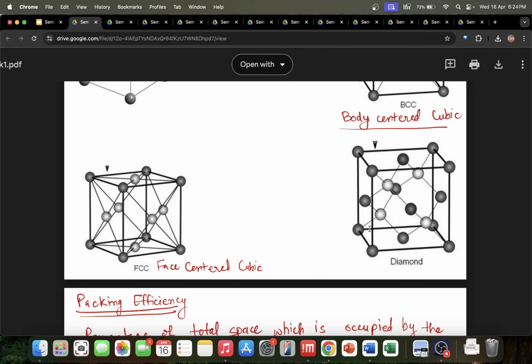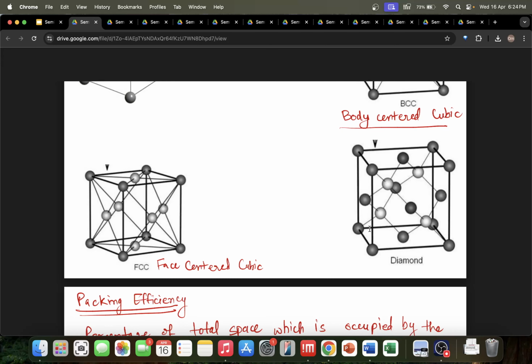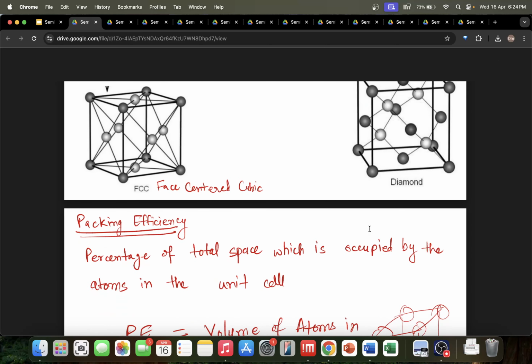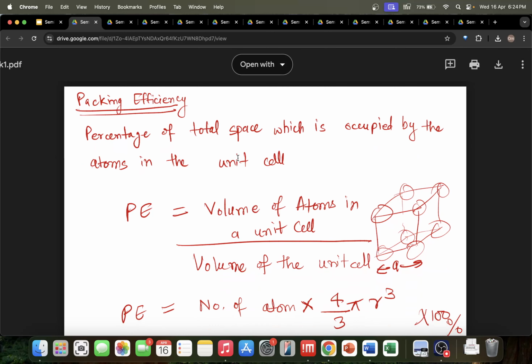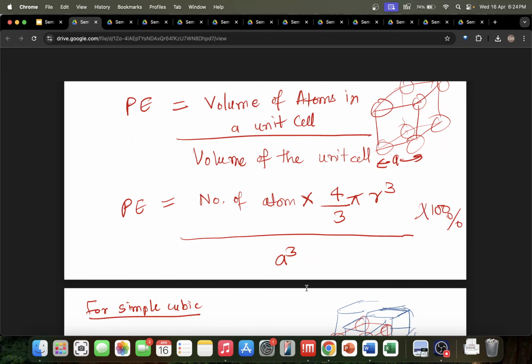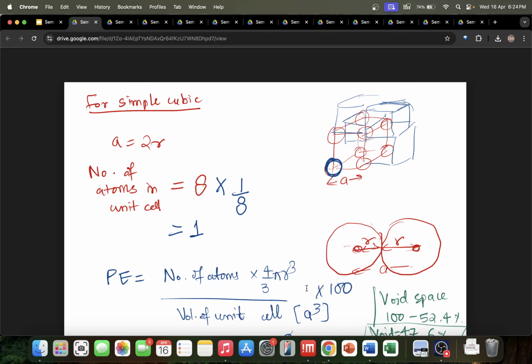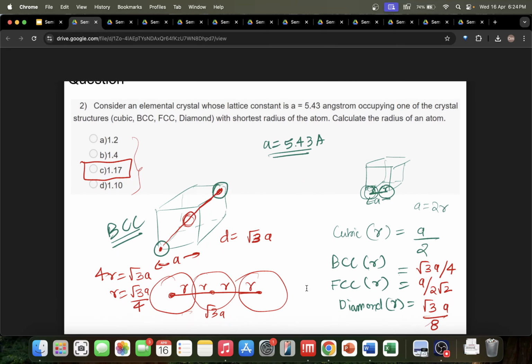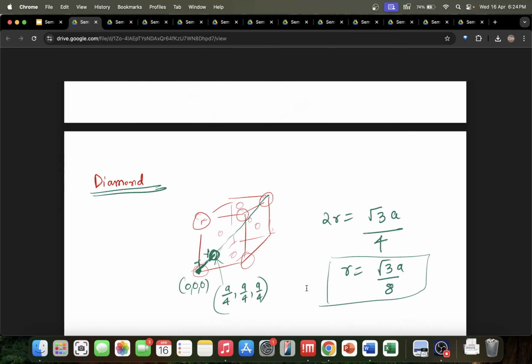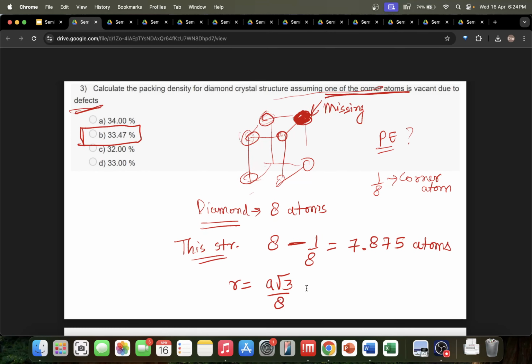Diamond is the one which is used for silicon, and we discussed the packing efficiency, which is the volume occupied by the atoms in the unit cell divided by the volume of the total unit cell. So this was an important metric, and it is an important point of question in your exams. We did calculations for simple cubic and the other different structures like FCC and diamond.